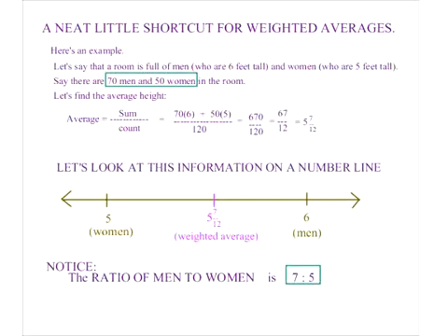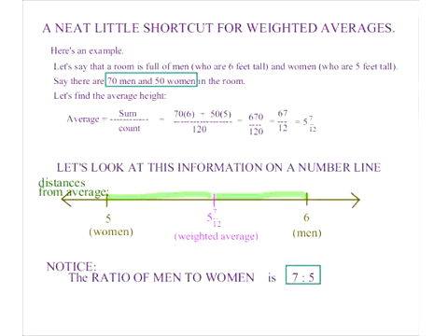You may be wondering what we're doing with this number line in the first place. So here is what is very, very cool. Let's look at the distances from the average. This distance is 7/12.